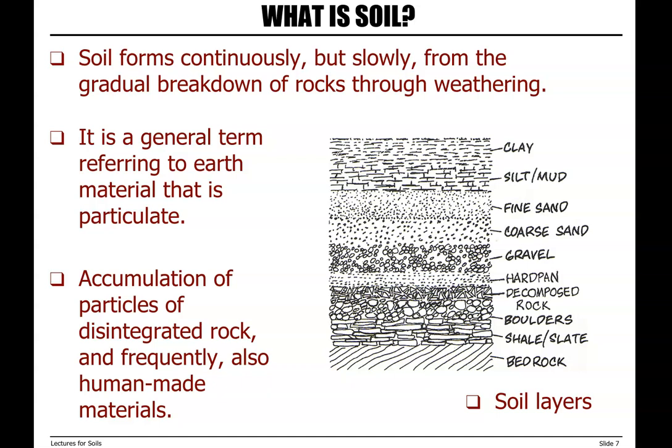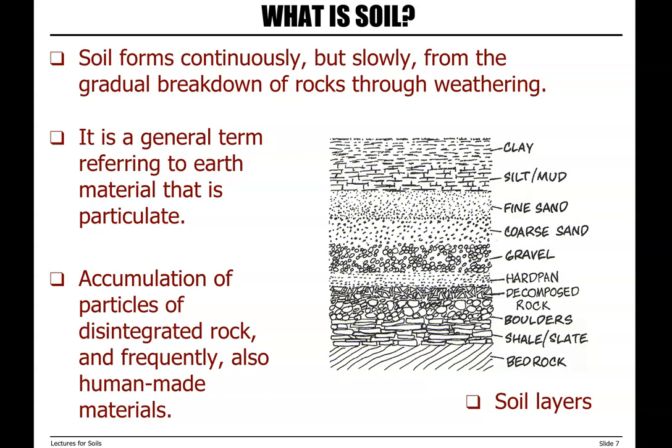Soil forms continuously but slowly from the gradual breakdown of rocks through weathering, which can be physical or mechanical, or chemical weathering process. It is a general term referring to earth material that is particulate.